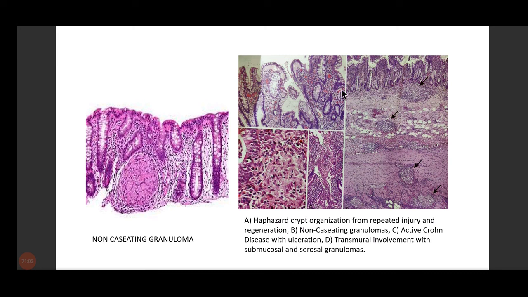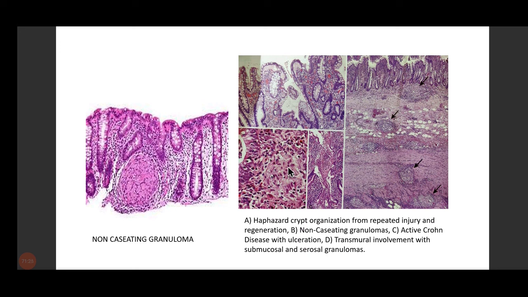Can you see repeated injury? Not very clearly seen, but the crypt organization is distorted after repeated injury and regeneration. A proper crypt cannot be seen; it is completely distorted.